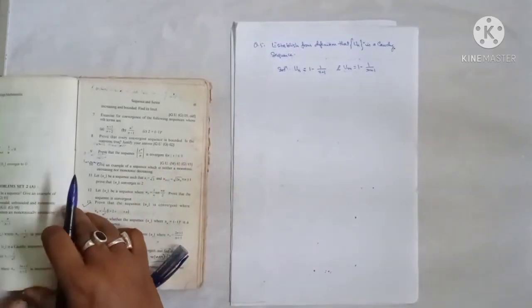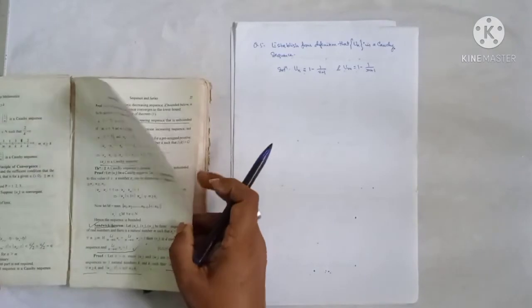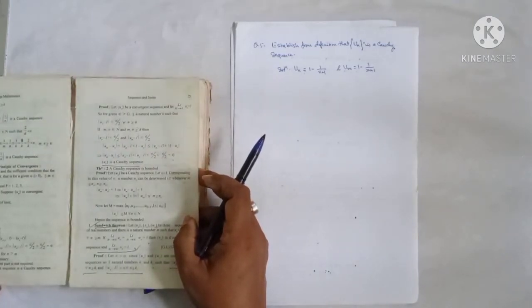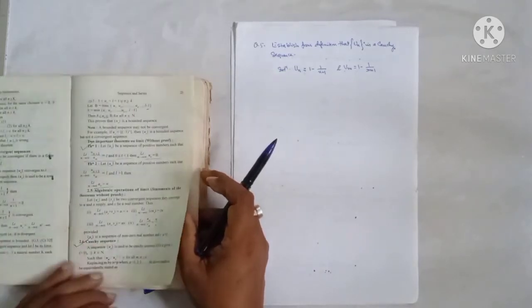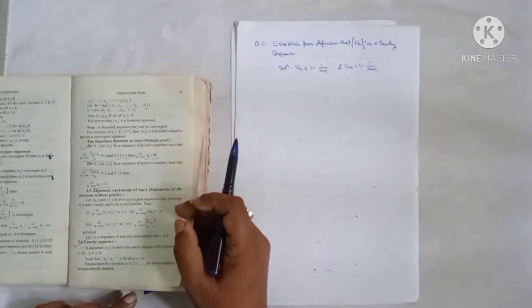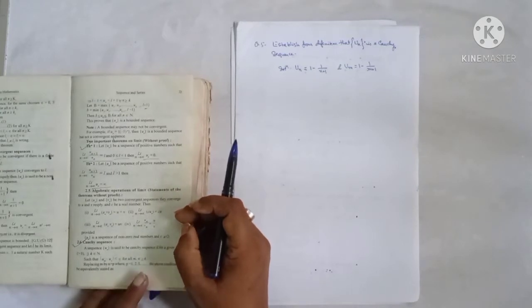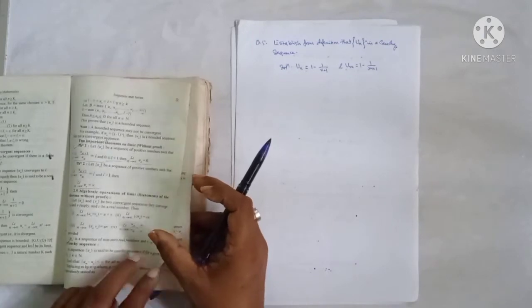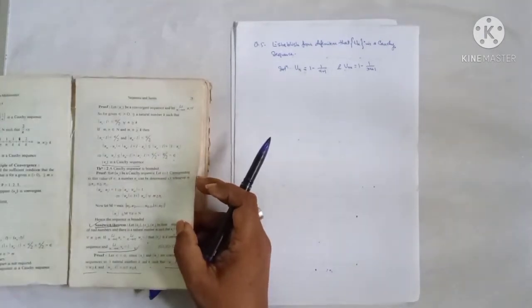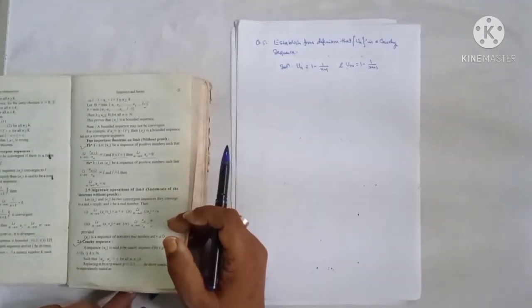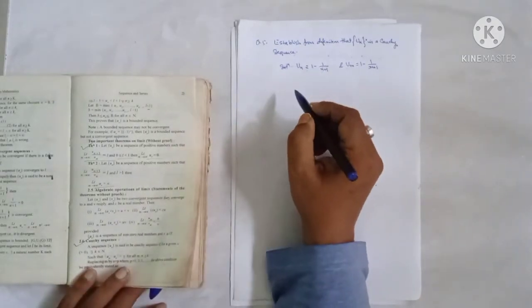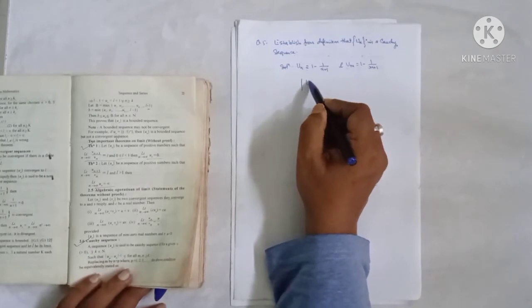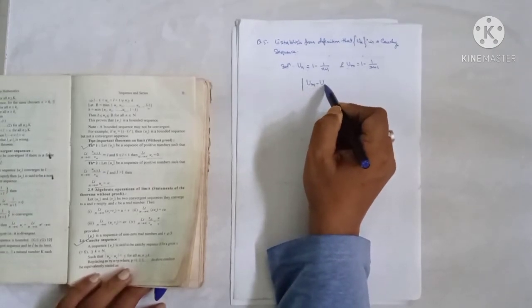So here, as per your theory, now what I am going to take is modulus um minus un.